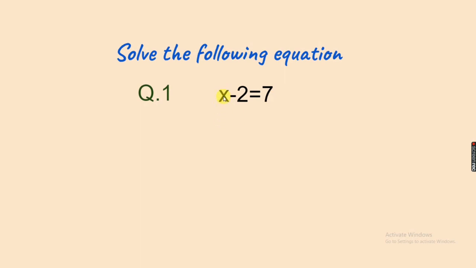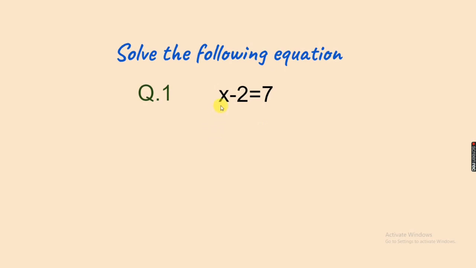Here this term could be x, y, z, a, b, c, p, q, anything. This is called our variable, and this number, any numeric number, we call a constant. Now this is an equation.